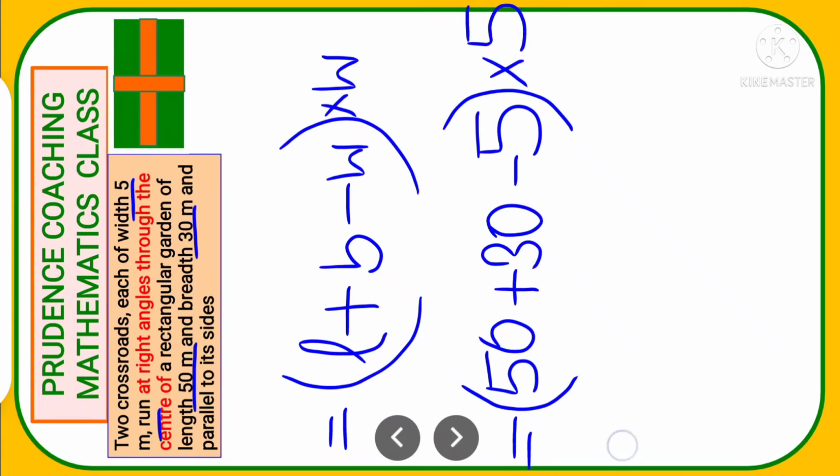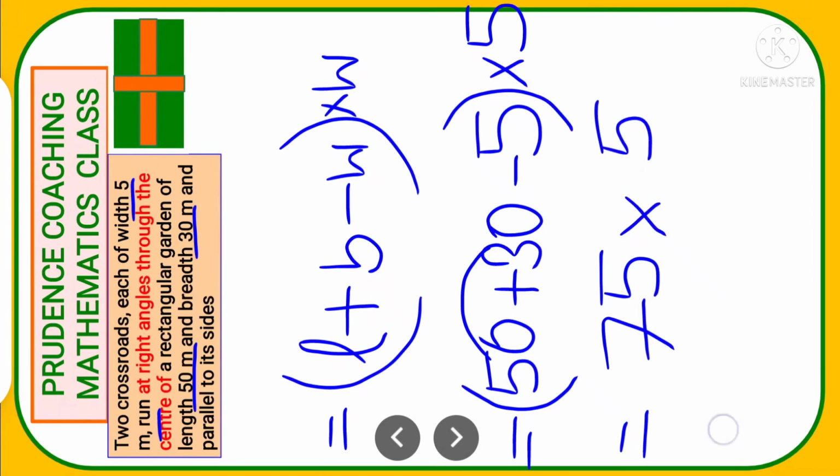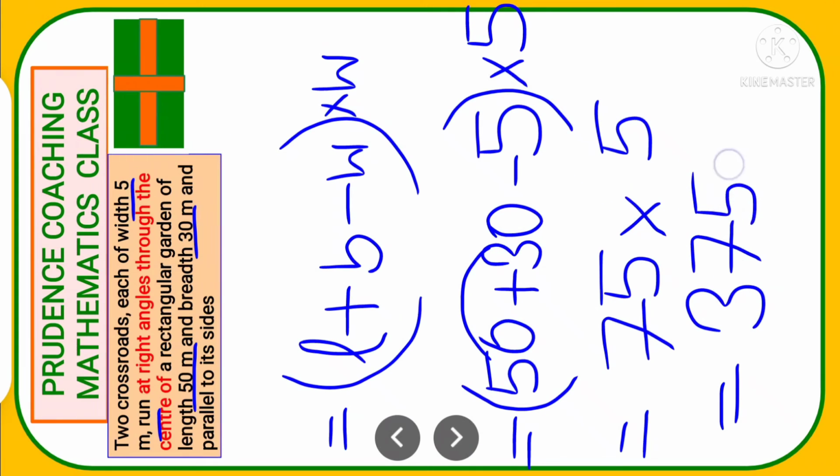First we calculate within the bracket. 50 plus 30 will get 80. 80 minus 5 you will get 75. So 75 into 5, after multiplying you will get 375 meter square as your final answer.